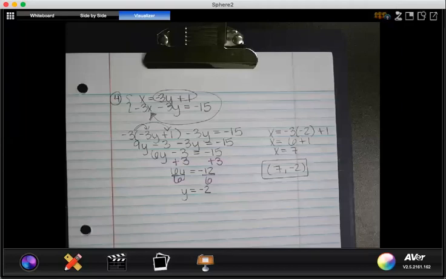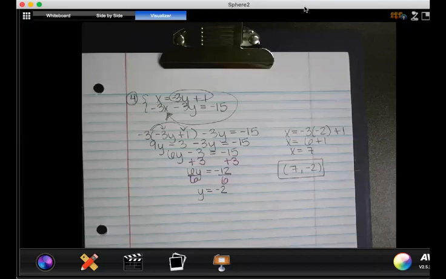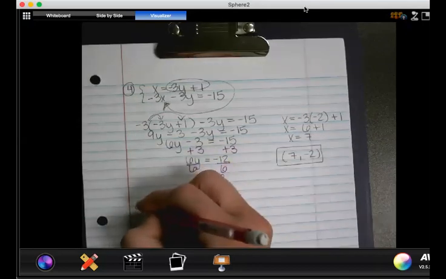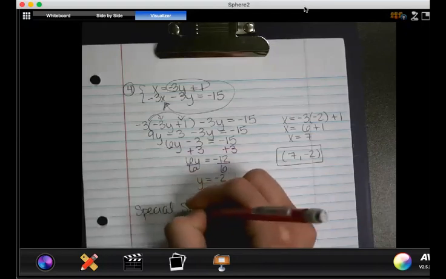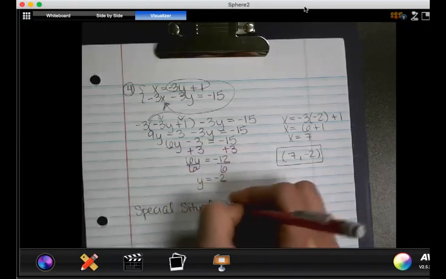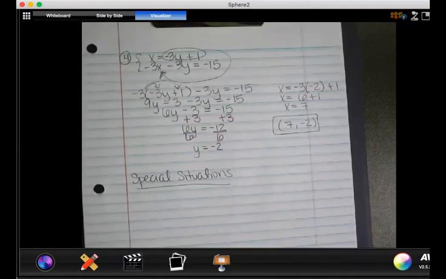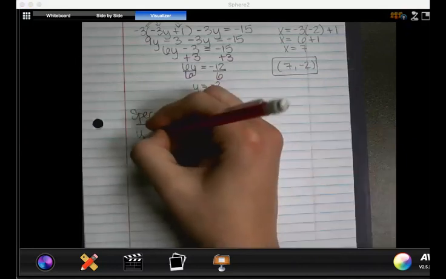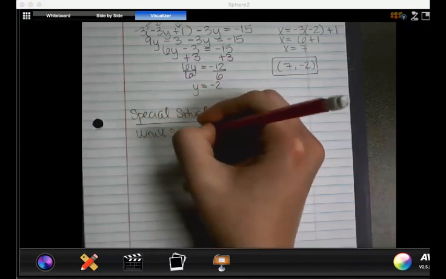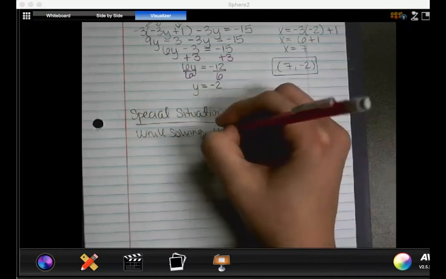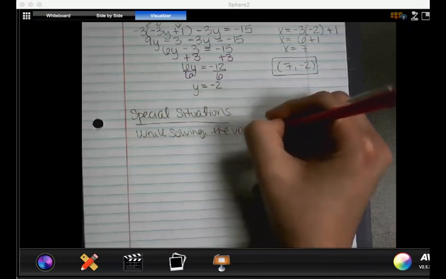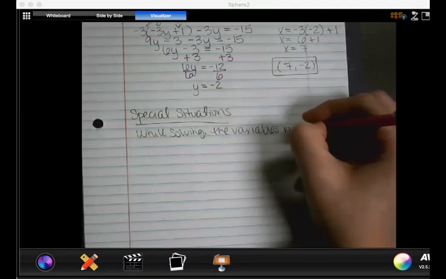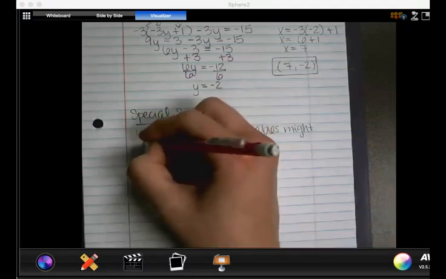All right, the last thing we need to discuss is special situations. So while solving, the variables might get canceled.